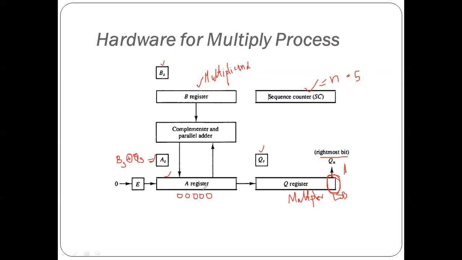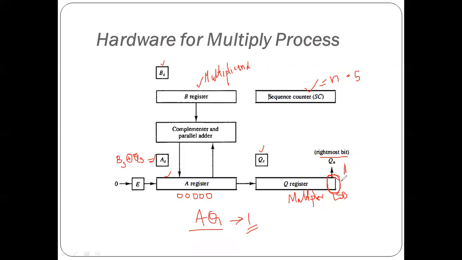After performing the addition, what do you have to do? Shift right by 1 bit. Combined, the A and Q registers form a 10-bit register, 2n bits, with each register n bits. The AQ register is shifted right by 1 bit.